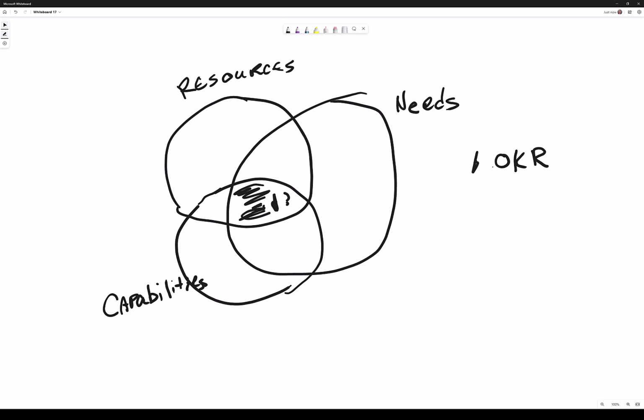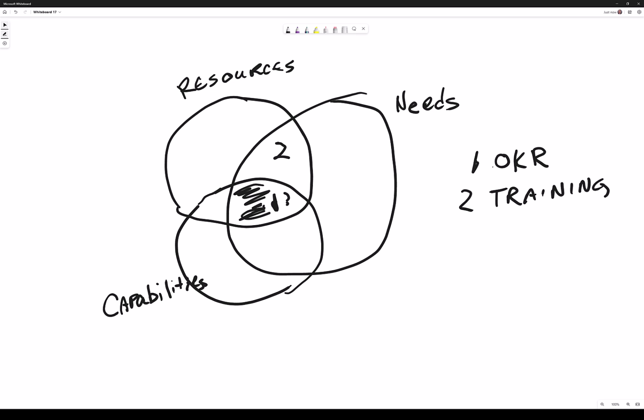Where I have needs, and resources, but we don't have the capability, we'll call that training.